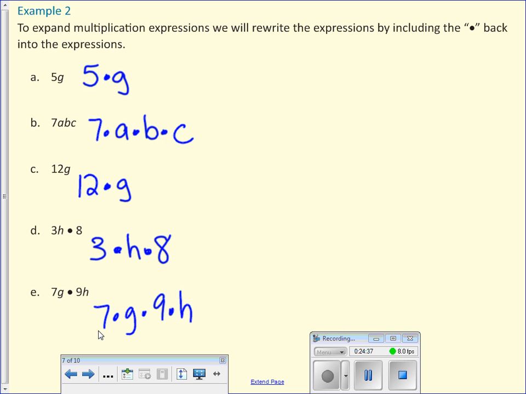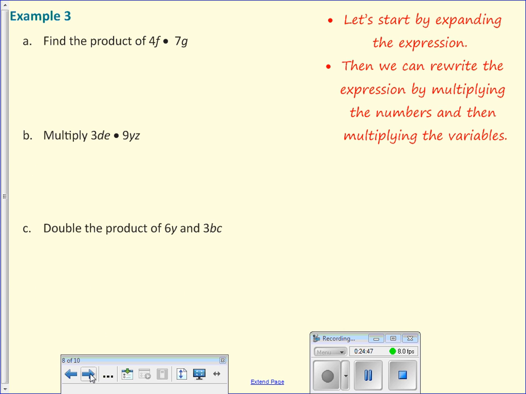You don't have to rearrange them. They're just asking you to expand it, so you don't have to organize it. That's okay. Find the product of 4f times 7g. So let's just take a look as if I expand this a little bit. 4 times f times 7 times g.